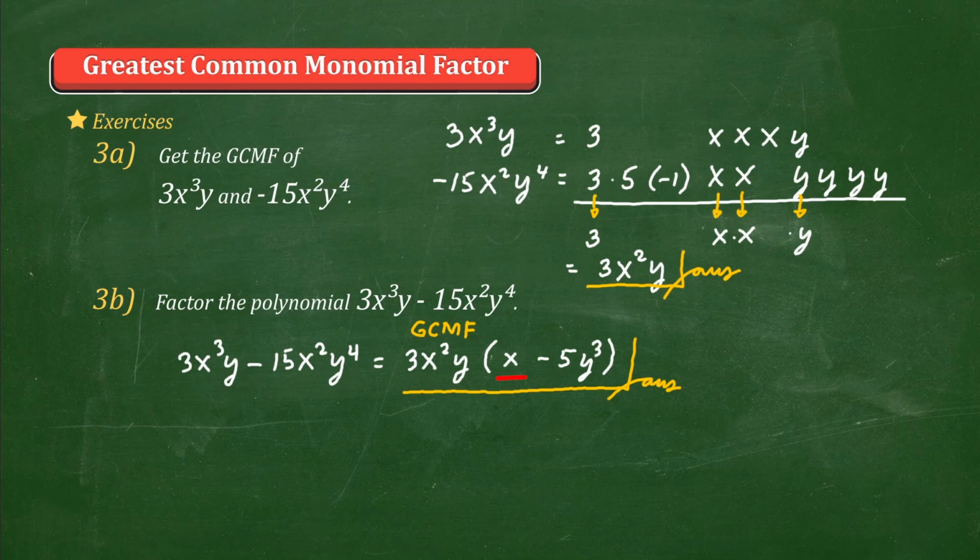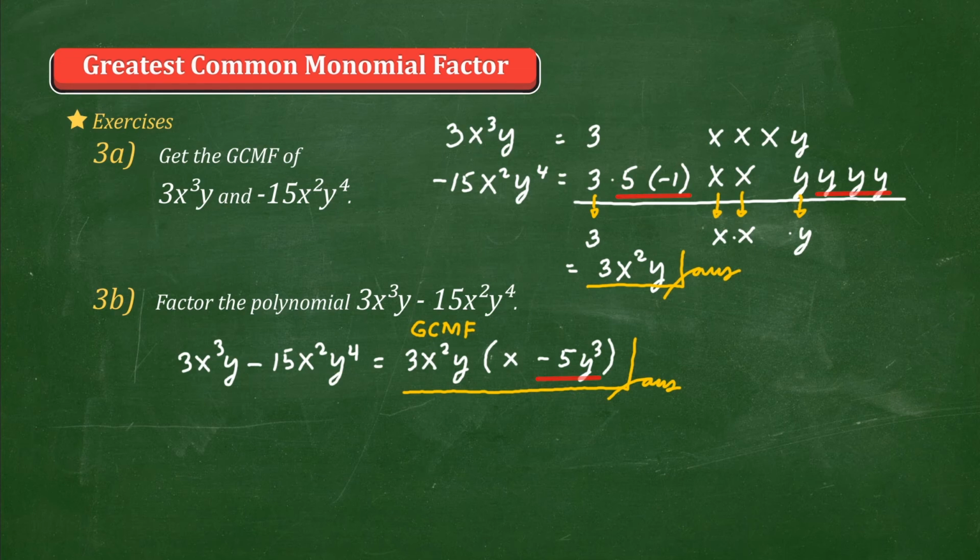What do you notice? Observe that x is the only factor left not brought down to get the GCMF. See the pattern? Now, let's look at the second term, negative 5y cubed. Observe also that these factors not brought down all multiply to negative 5y cubed.